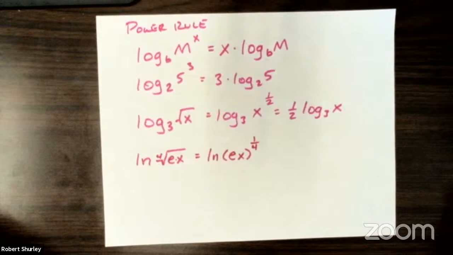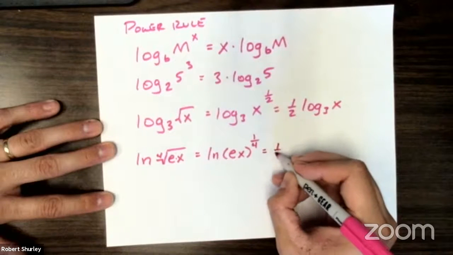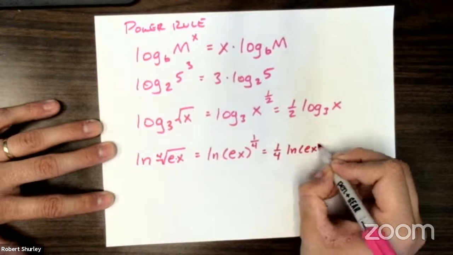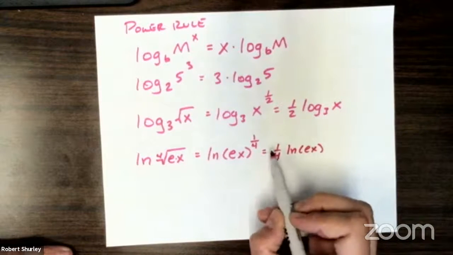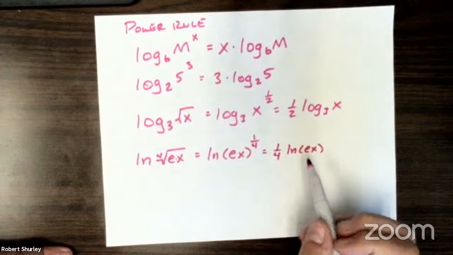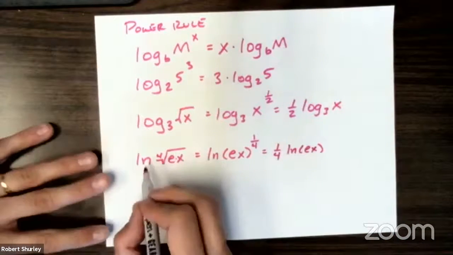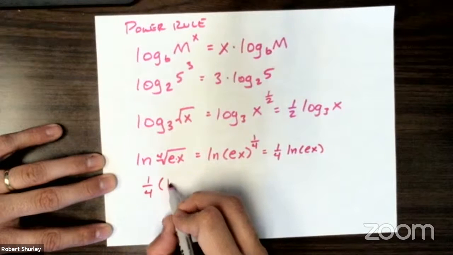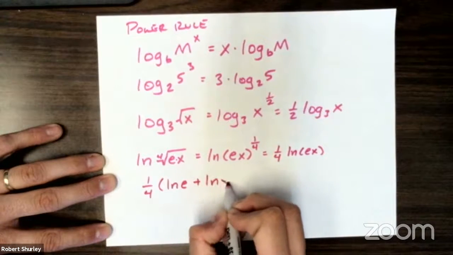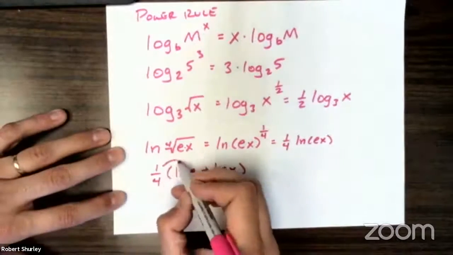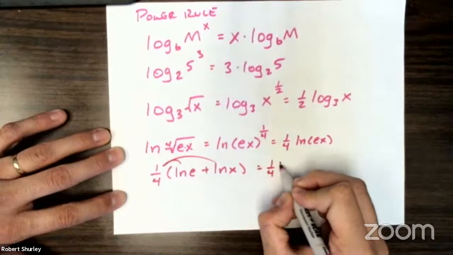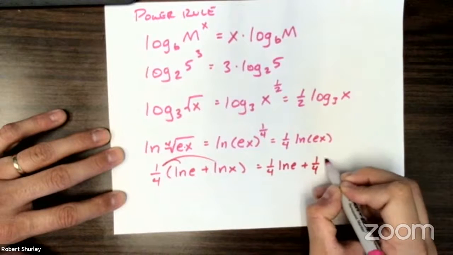Right off the bat, I write this root as an exponent, and then I bring that exponent to the front. Now I can break apart the product into addition. Be careful, this 1/4 is going to be multiplied to everything, not just the first term. So it's going to be ln e plus ln x, but that 1/4 has to be multiplied to both those terms. So I distribute it through, and I get 1/4 ln e plus 1/4 ln x.